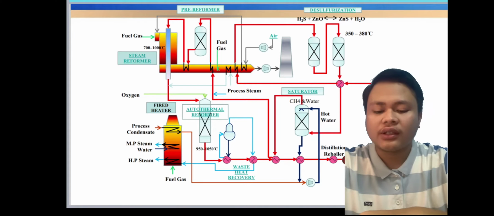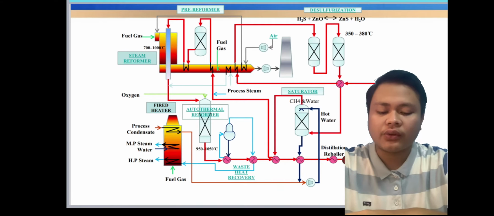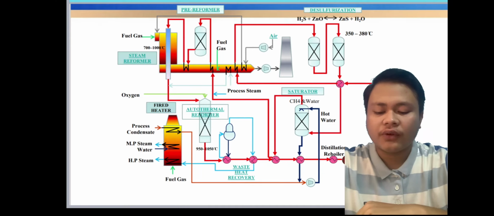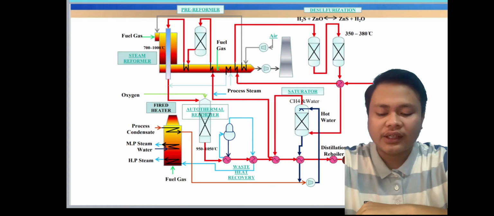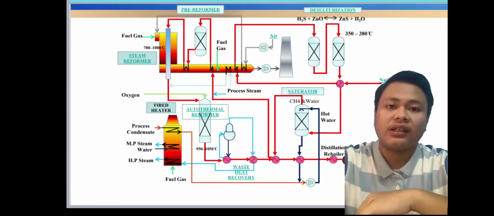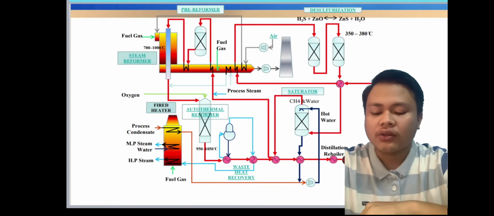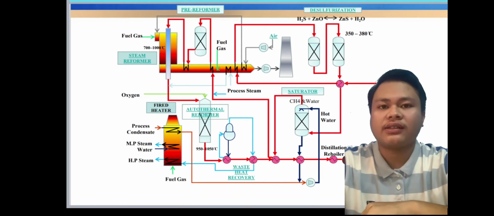From the saturator, we move to the steam reformer to heat up to the pre-reformer, and go back to the steam reformer to further reform, and finally to the ATR, autothermal reformer. After the reaction at the ATR, we get the reformer gas, which consists of hydrogen, CO2 and CO. So reformer gas is our synthesis gas.